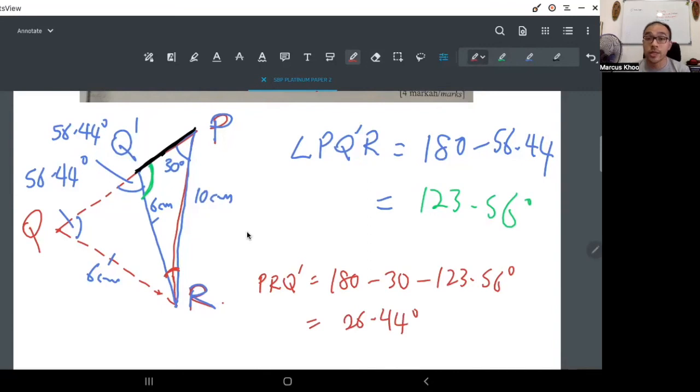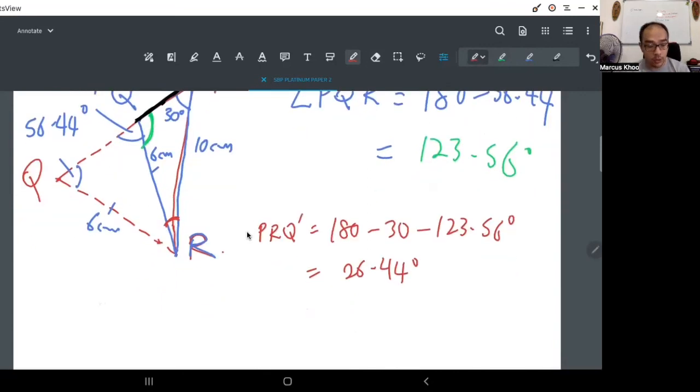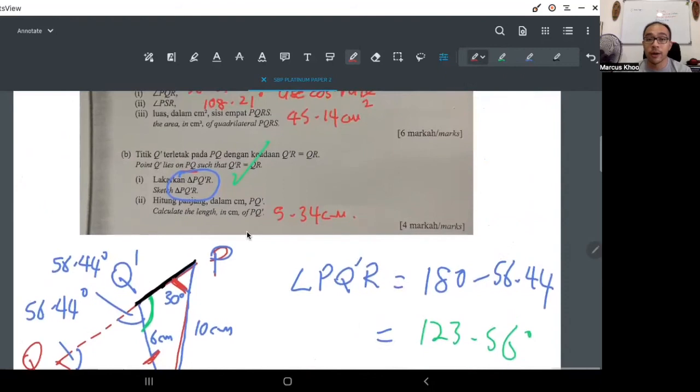And then I can use the sine rule. So Q prime R over sine 26.44 equals 6 over sine 30. That's the easiest, I use 6 and sine 30 over here. So I will get the answer 5.34 cm.